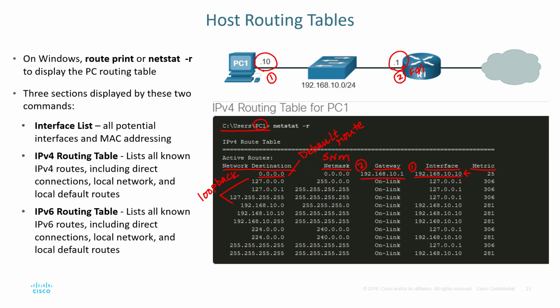Okay, we talked about this, and you can see it right here. This is the network address for the entire LAN. 10.10 again is number one up top. 192.168.10.255, in that last octet for Class C, is a broadcast.